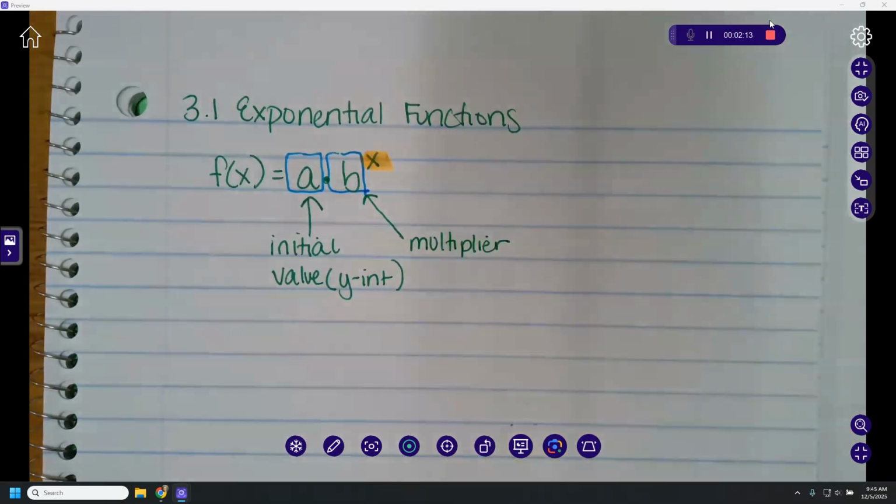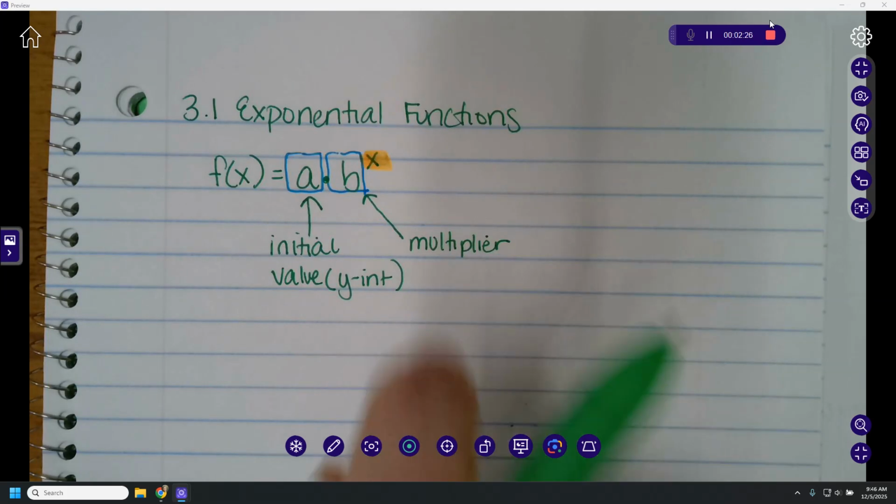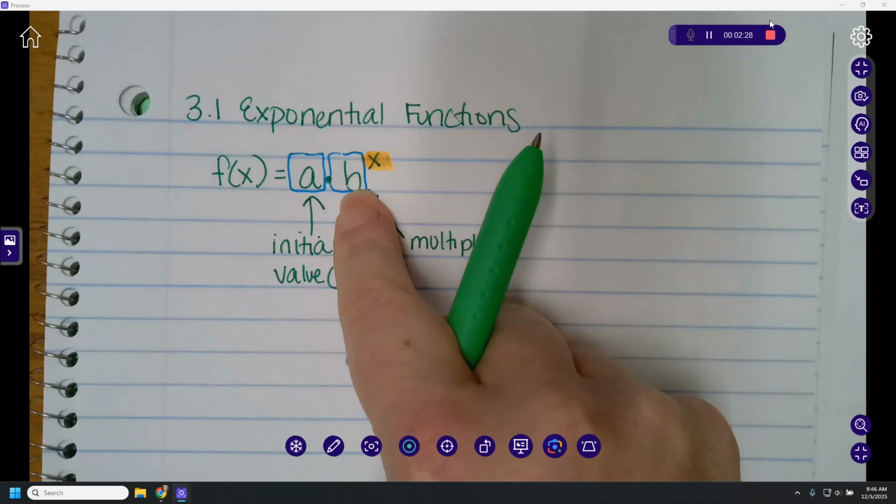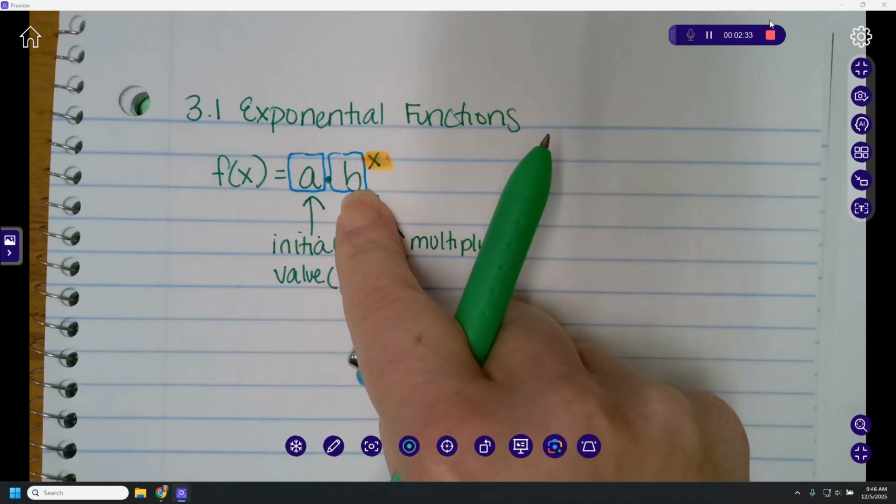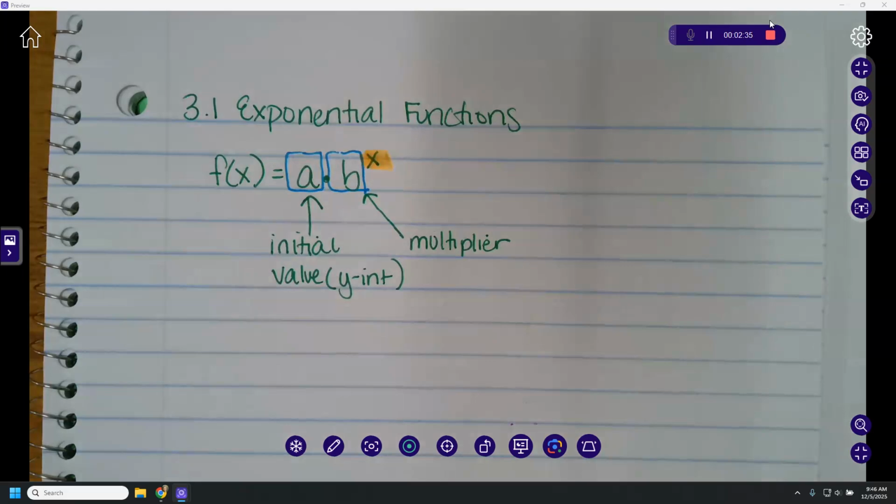Exponential functions revolve around the fact that we're having repeated multiplication. So we're repeatedly multiplying by the same thing over and over. Like maybe I'll multiply by 2 over and over. That would be a 2. Maybe I'd multiply by 1/2 over and over. Then this would be a 1/2. So it's the multiplier.